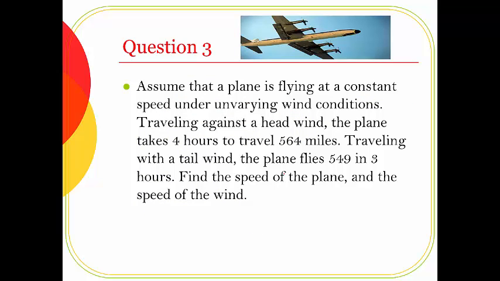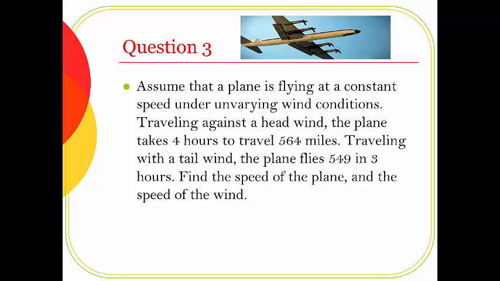Question 3. Airplane. Assume that a plane is flying at a constant speed under unvarying wind conditions. Traveling against a headwind, the plane takes 4 hours to travel 564 miles. Traveling with a tailwind, the plane flies 549 miles in 3 hours.